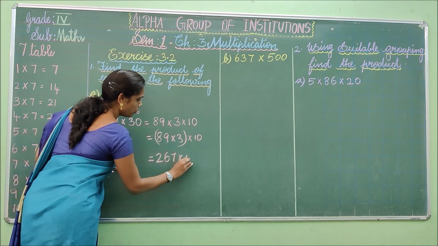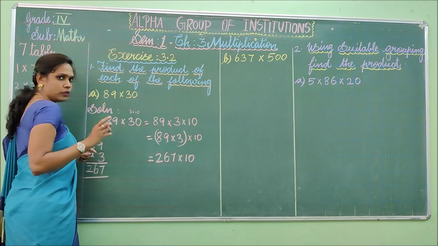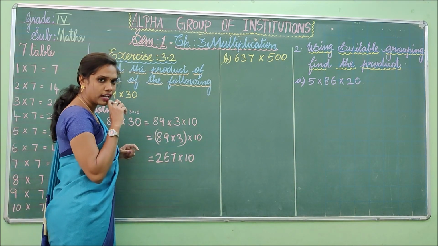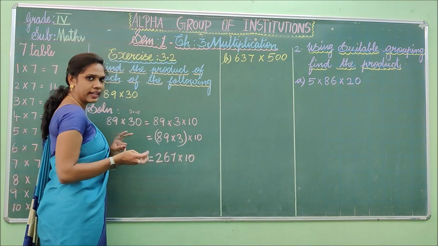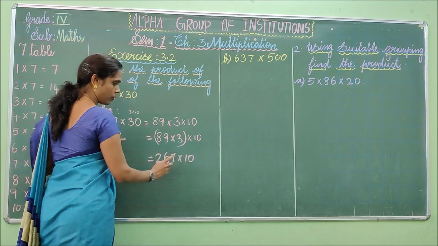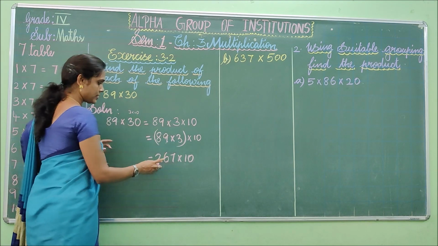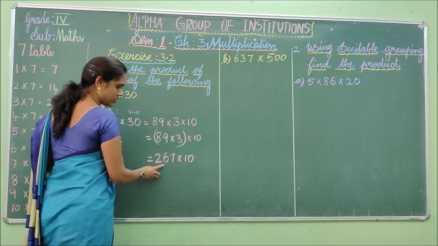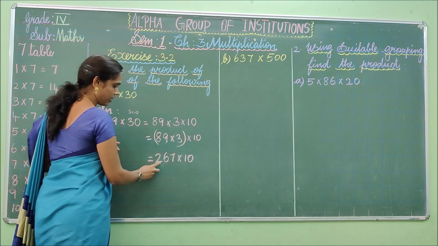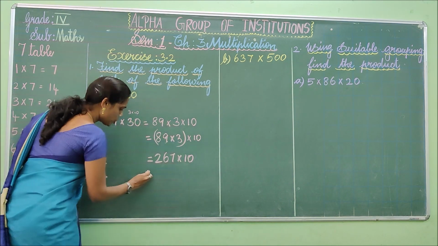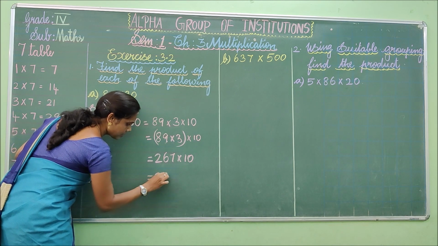So 89 into 3 is 267, into 10. Already I told you how to multiply by 10, 100 and 1000. Here we have 10, so we can directly multiply. How many zeros are there? Only 1 zero. If you multiply any number by 1, it stays the same. 267 into 1 is 267.